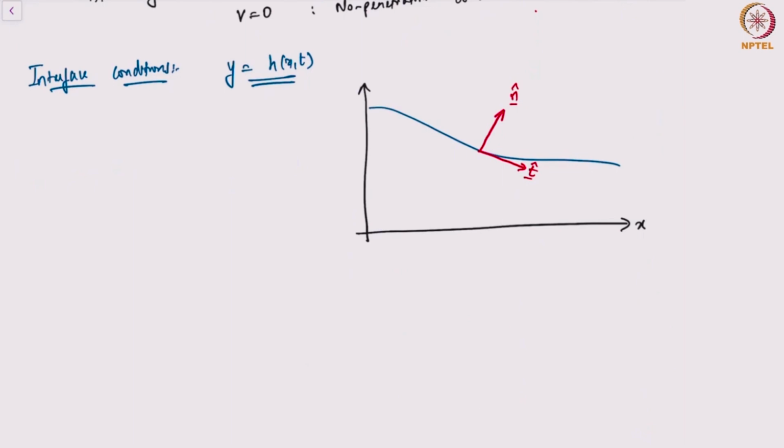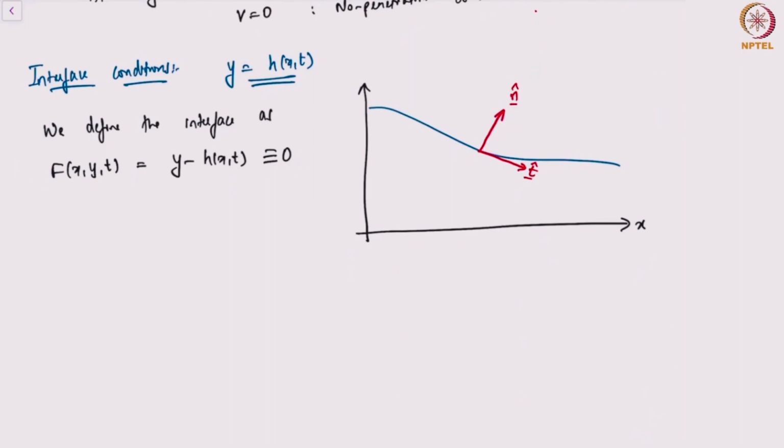Now, what's the definition of the interface? We define the interface as f of x comma y comma t, which is y minus h of x comma t, identical to 0. That's the definition of an interface.